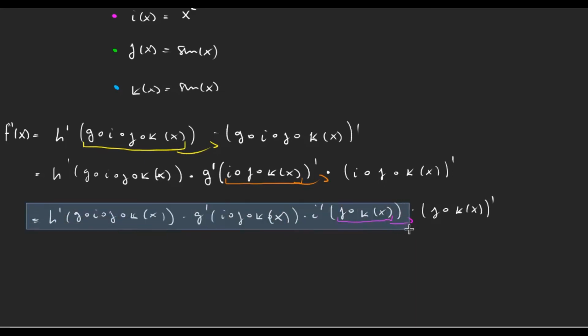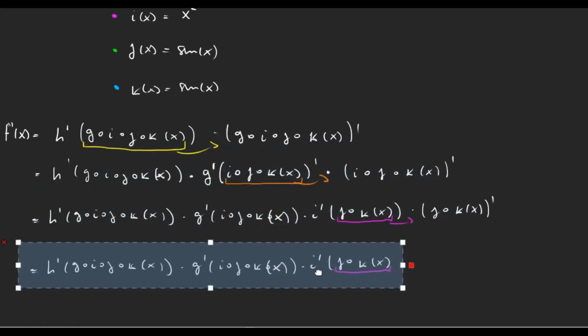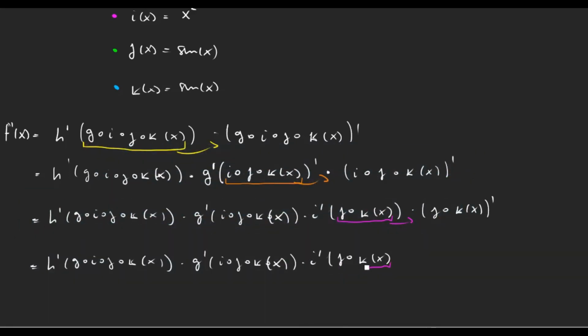So we have all these functions, and to differentiate this last one we multiply by j prime evaluated in k times the derivative of this, so times k prime in x.